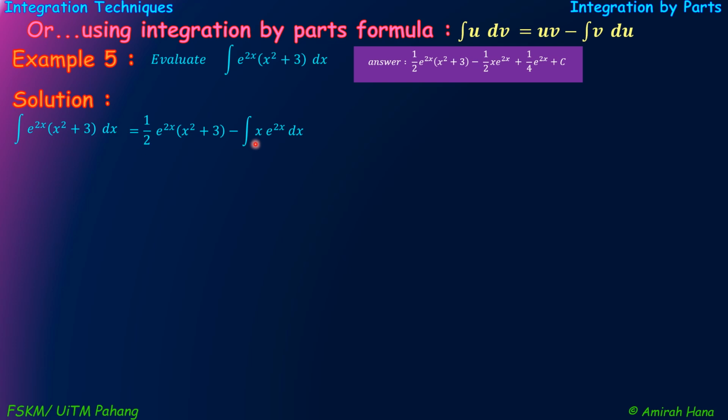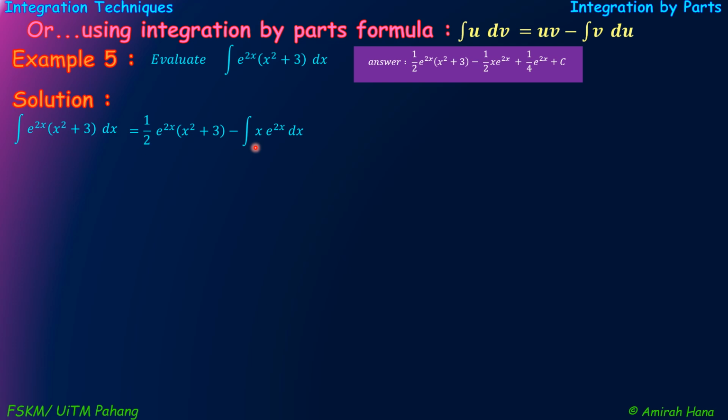It is also not suitable to use integration by partial fraction because there is no fraction here. And it is also not suitable to use integration by trigonometric substitution because there is no term containing a radical. So the best way is we need to integrate using integration by parts again.